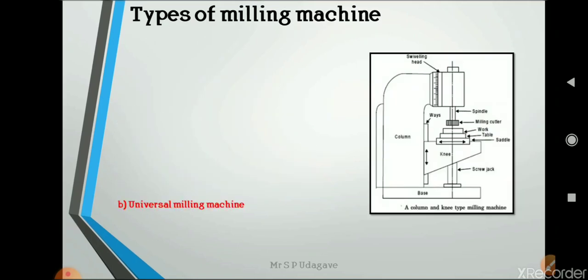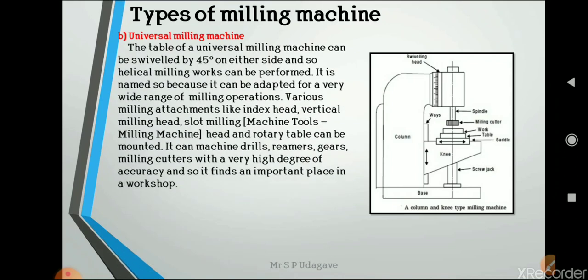The next type of milling machine is the universal milling machine. The table of the universal machine can be swiveled or rotated 45 degrees on either side, so helical milling work can be performed. It is named so because it can be adapted to a very wide range of milling operations.